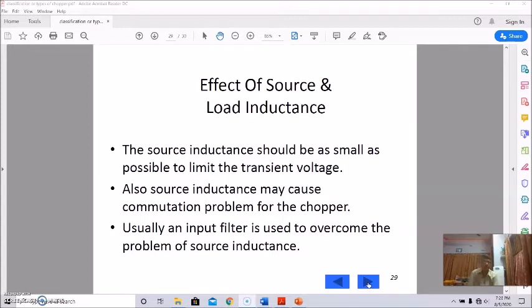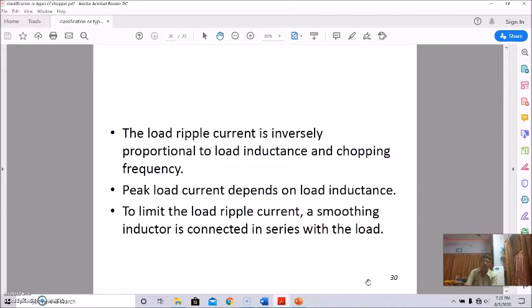Also, source inductance may cause commutation problems for the chopper, and usually an input filter is used to overcome the problem of source inductance. The load ripple current is inversely proportional to the load inductance and chopping frequency, and the peak load current depends on the load inductance. To limit the load ripple current, a smoothing inductor is connected in series with the load.